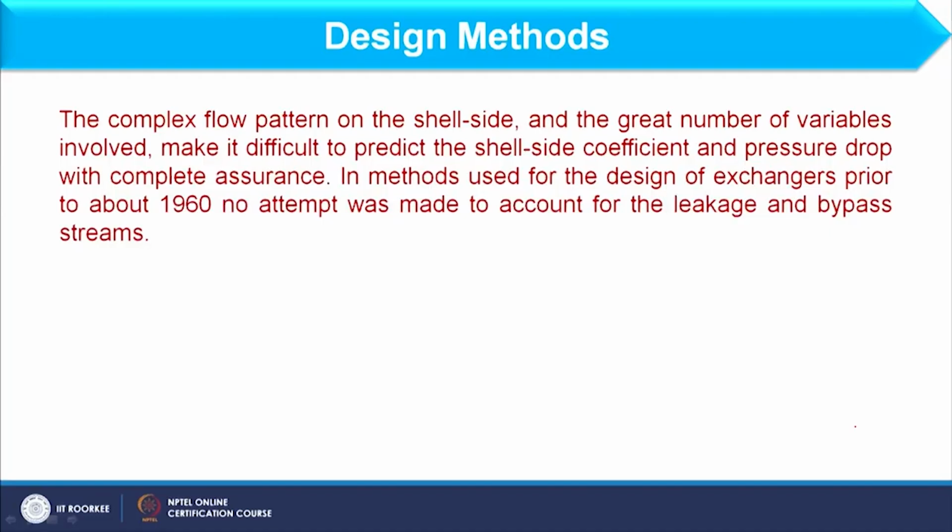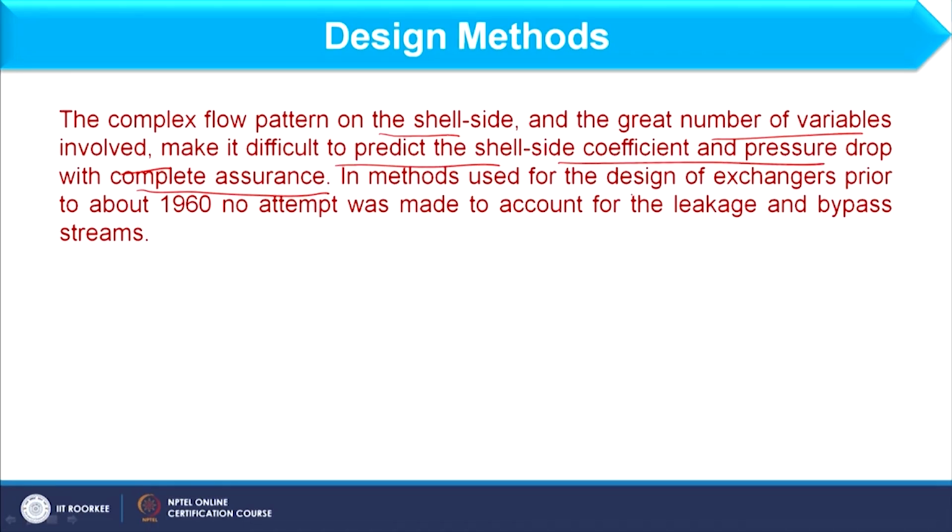So, in this way, this is not the only pattern, we have other patterns also, but for design purposes now we are considering this. The complex flow pattern on the shell side and the great number of variables involved make it difficult to predict shell side heat transfer coefficient and pressure drop with complete assurance.